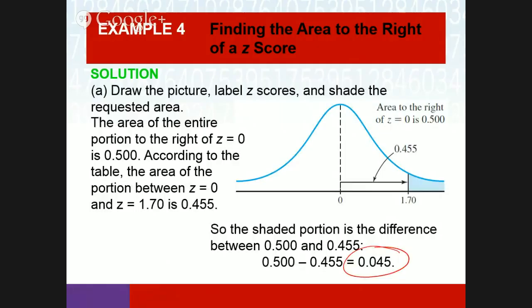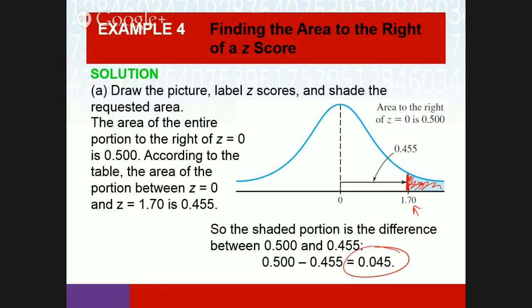Drawing the picture shows us that 4.5% of the data points fall above 1.7. So you would say 4.5% of the population of this data would be, if it was height, taller than a corresponding z-score of 1.7.